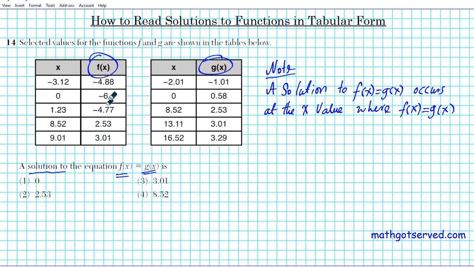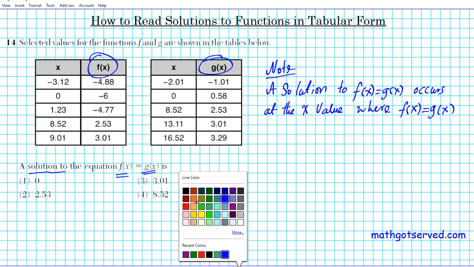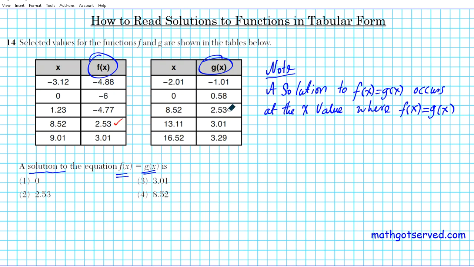Alright, so let's look at this. Negative 4.8, no. Negative 6 is not here. Negative 4.7 is not here. Oh, we have 2.53. So we have 2.53 and 2.53. Bam, we have a match.